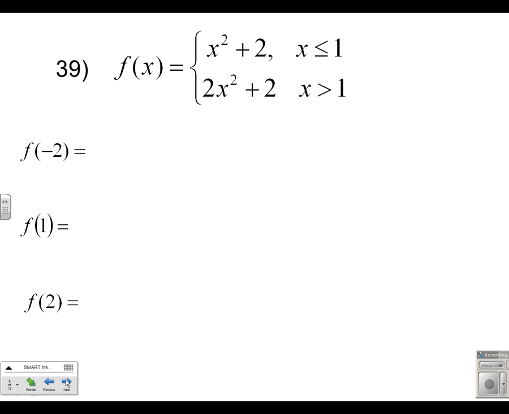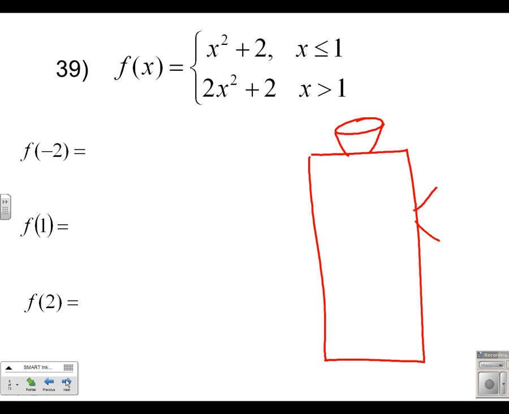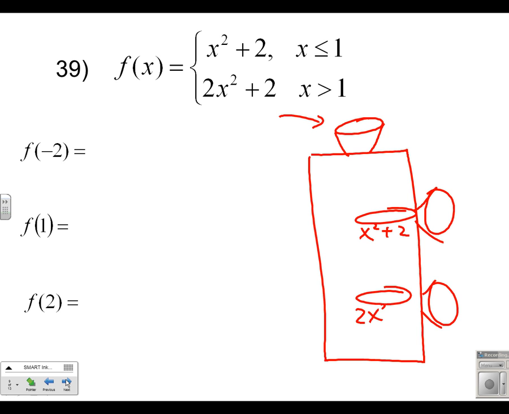Okay, here's a piecewise function, and I take a look at this like this type of a factory, a little taller here, because there's two options of things I can do as x enters. Depending on the value of x, I'm either running down this little conveyor belt where they're taking things, squaring them, and adding 2, or I'm running through this conveyor belt and out that exit where it's 2 times x squared plus 2.